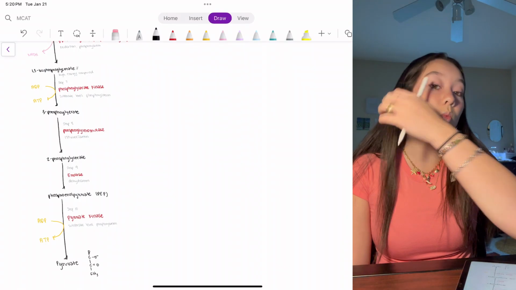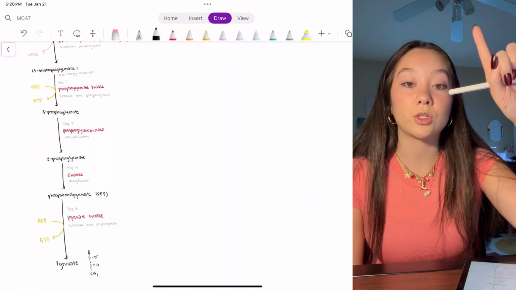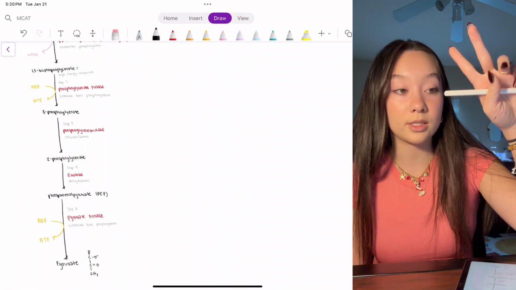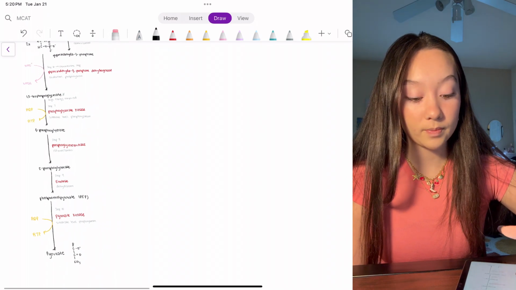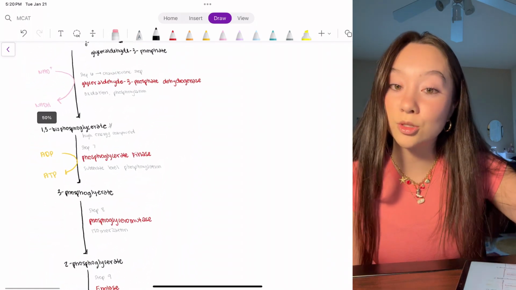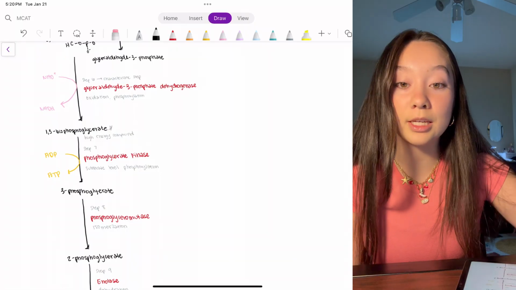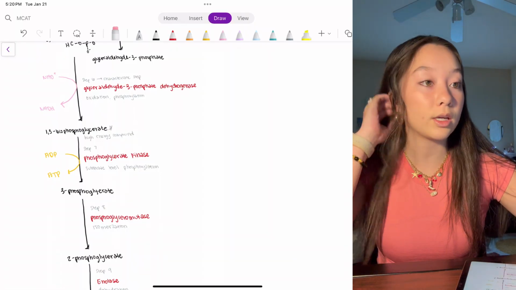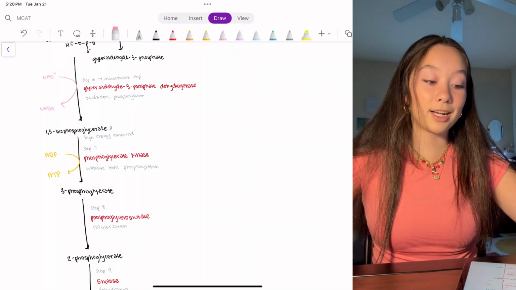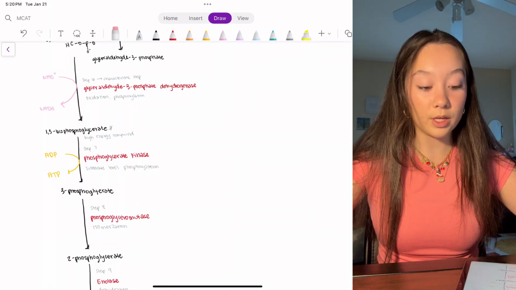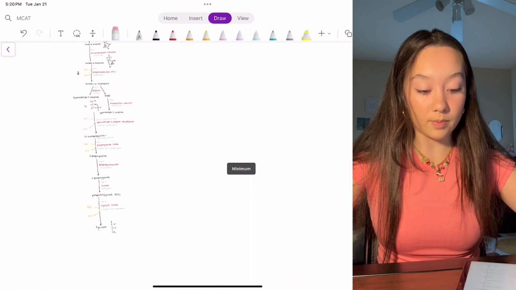So we took 1 glucose molecule, we turned it into 2 pyruvates and 2 molecules of ATP. And also 2 molecules of NADH, because it does form NADH as it is an oxidation reaction. So this is our final schematic.